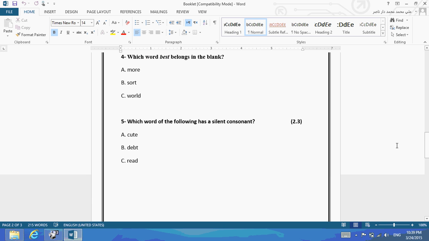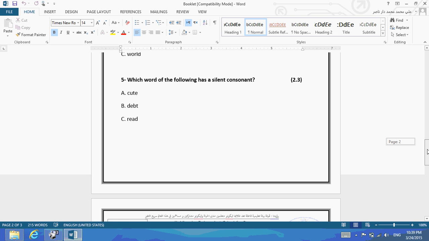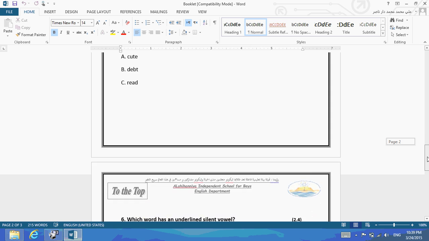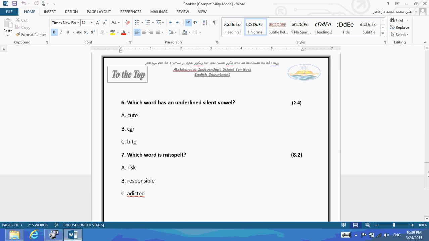The sixth item in the use of language booklet, which word has an underlined silent vowel? 2.4. 2.4 is concerned with the spelling and pronouncing silent vowels. Cute, ka, bite.